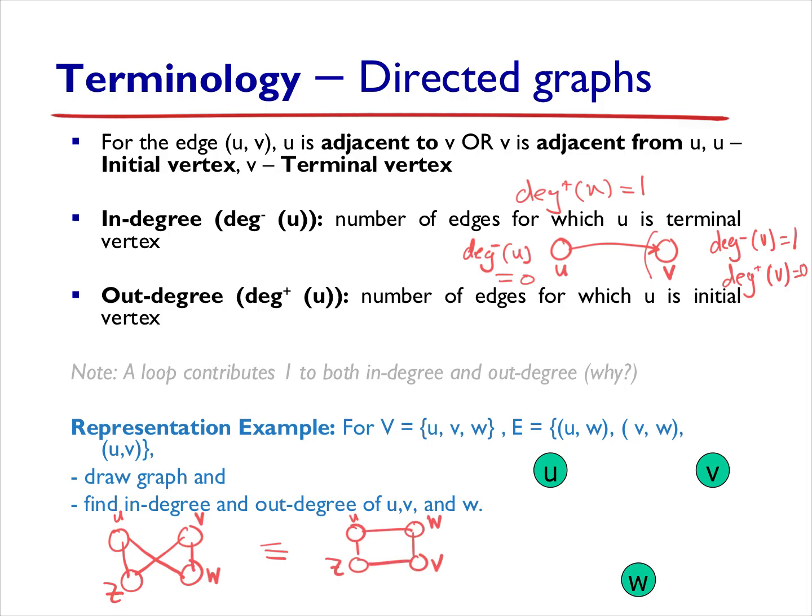There's no difference. Those two graphs are exactly the same, because U is connected to W and Z, and V is connected to W and Z. So moving those vertices around, flipping them, it doesn't matter. The connectivity is the same. Those are two exactly equivalent graphs.